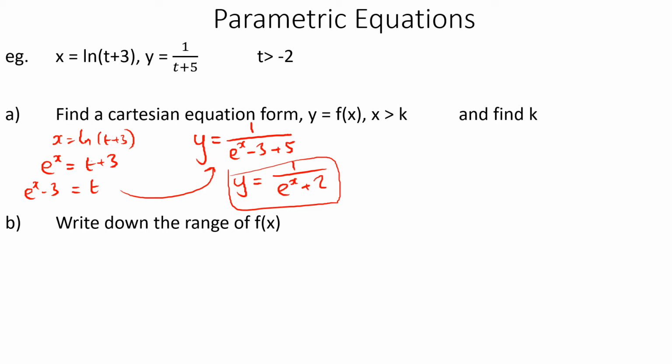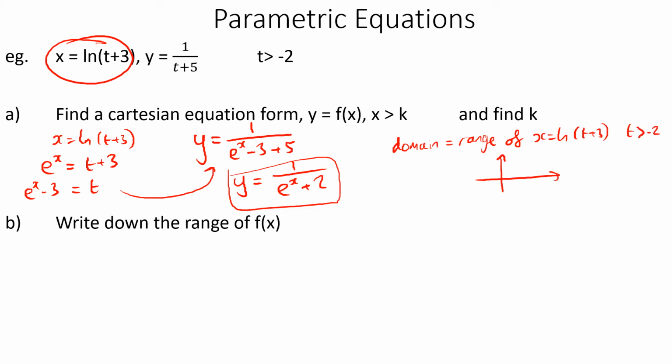We're told that our domain is that x is greater than k, and we know that the domain is equal to the range of the function that we use to generate x. So it's going to be the range of x equals ln of t plus 3 for t greater than minus 2. Now the ln graph, it's going to be shifted 3 to the left, looks something like that.